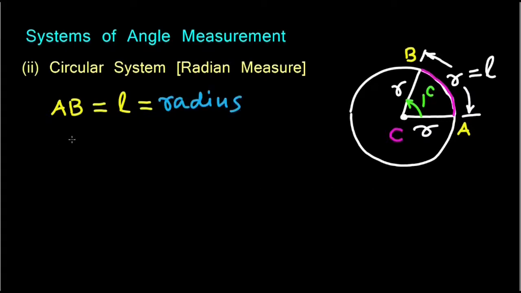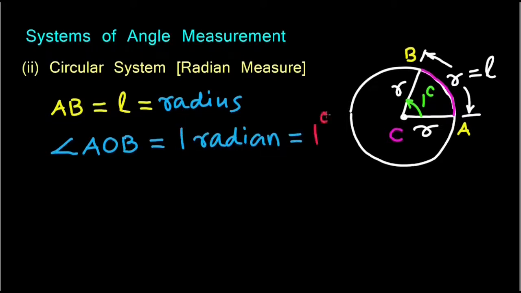Then the directed angle AOB is equal to 1 radian and it is written as 1 to the power c, where c stands for circular system. Radian measure of angle measurement is very convenient in calculus. If the angle is in degree measure, then it is first converted into radian measure and then used in calculus.